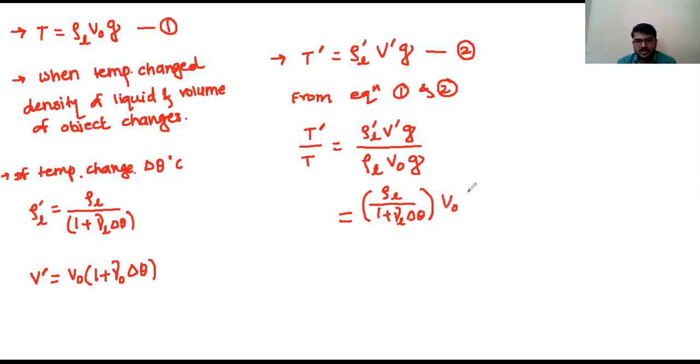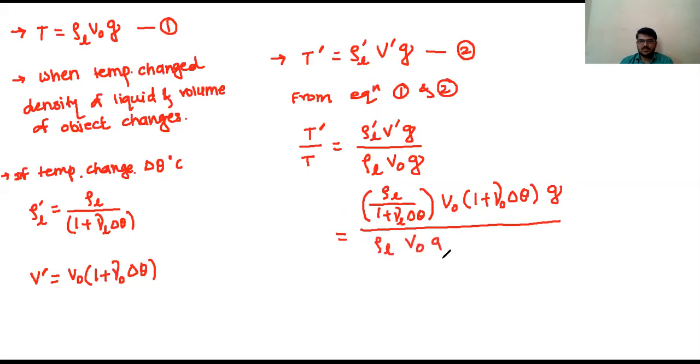So V naught into 1 plus gamma of object into delta theta into G divided by this one as it is, that is rho L V naught into G. This G will get cancelled with this G. This V naught will get cancelled with this V naught, and this rho L will get cancelled with this rho L. So what is left now?